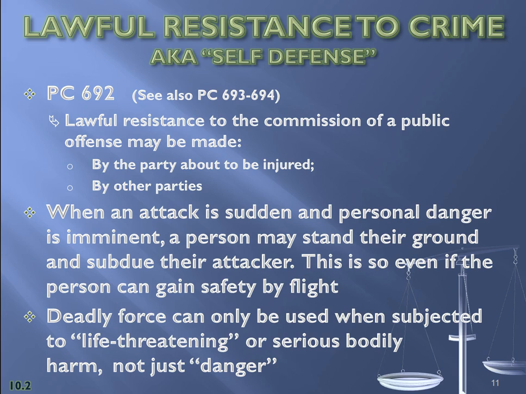A person cannot set up their own standard of reasonableness or belief of injury or the amount of force necessary.